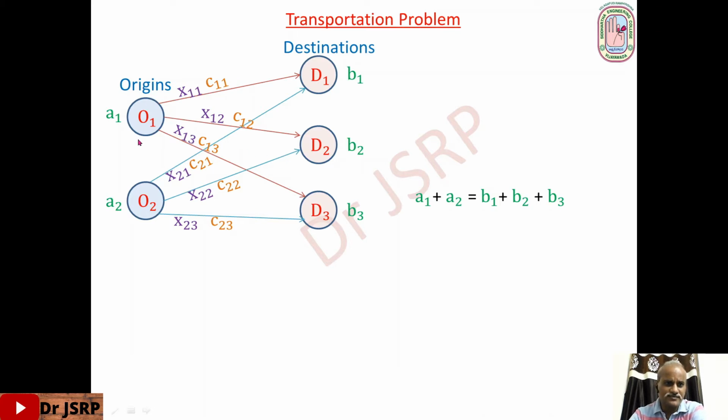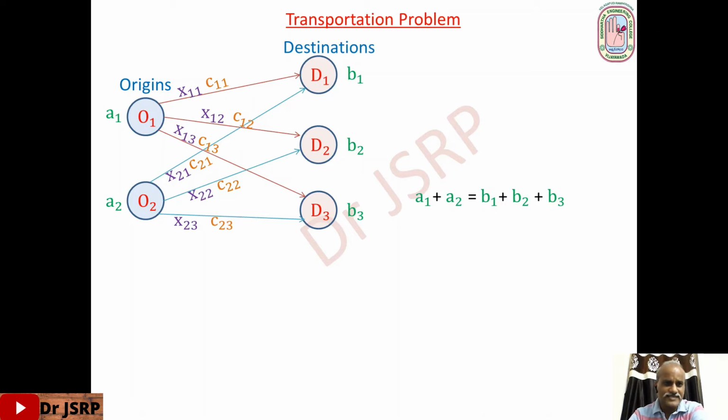Based on this condition, we develop the constraints. At the first origin, the available amount is A1 units. Based on the decision variables, the units transported from first origin to different destinations are x11, x12, x13. So the total number of units transported from the first origin is x11 plus x12 plus x13.